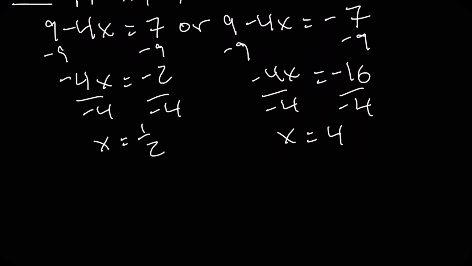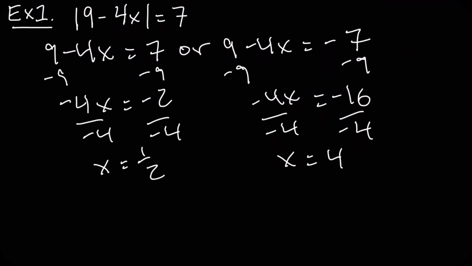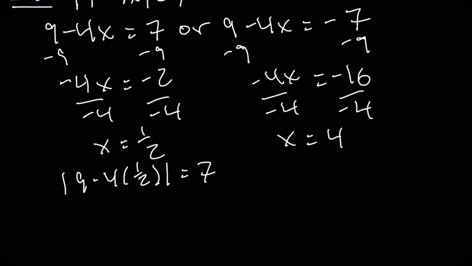So let's test this 1/2 first. We will have the absolute value of 9 minus 4 times 1/2, and let's see if that's equal to 7. We get 9 minus, and then 4 divided by 2 is going to be 2, so the absolute value of 7 is equal to 7. That makes sense, so let's check that one.